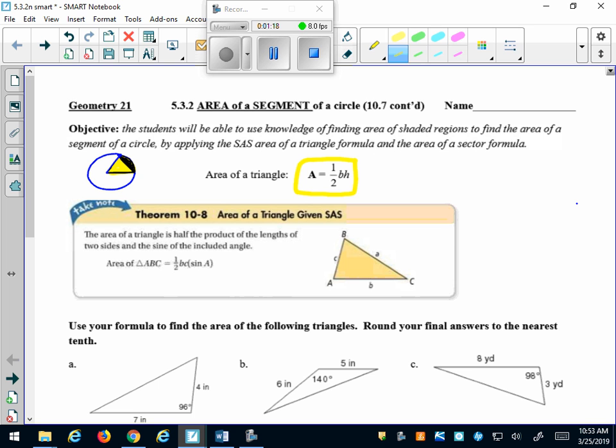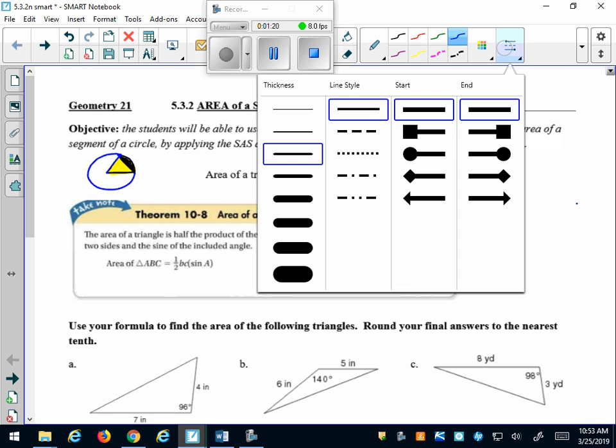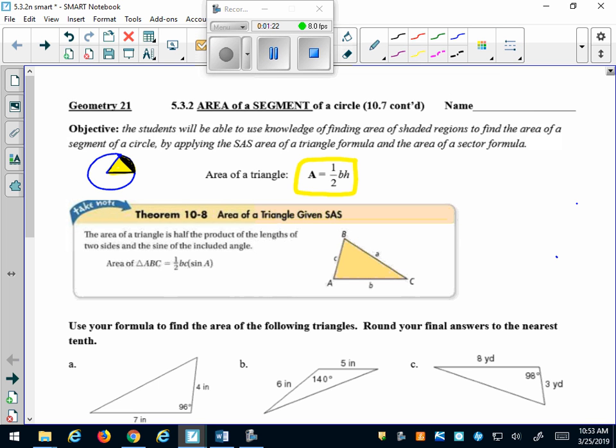The problem with this other area formula is that it only works when you know an SAS situation, when you know two sides and the angle between those two sides.